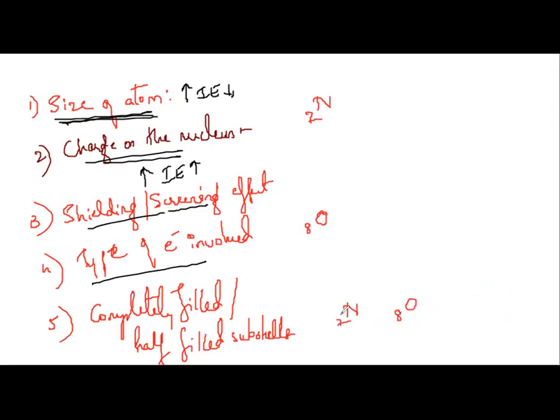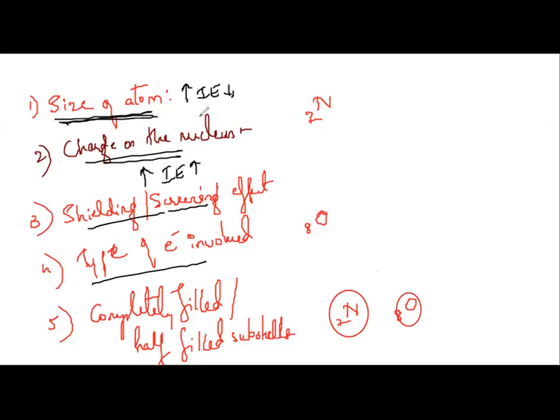If you see atomic size, as atomic size increases, the ionization energy decreases. Across the period, atomic size decreases. So if this is the atomic size of nitrogen, this will be the atomic size of oxygen. As you move across the period, atomic size decreases.